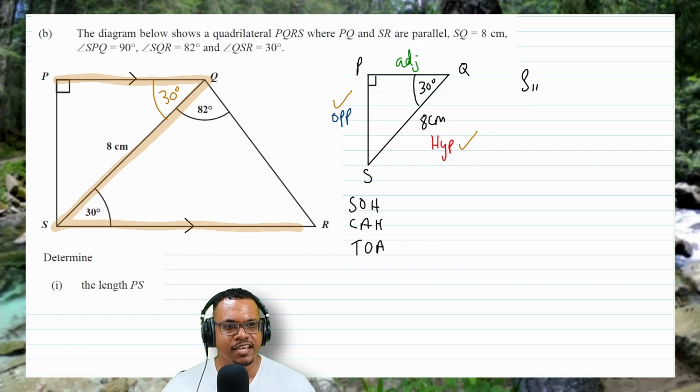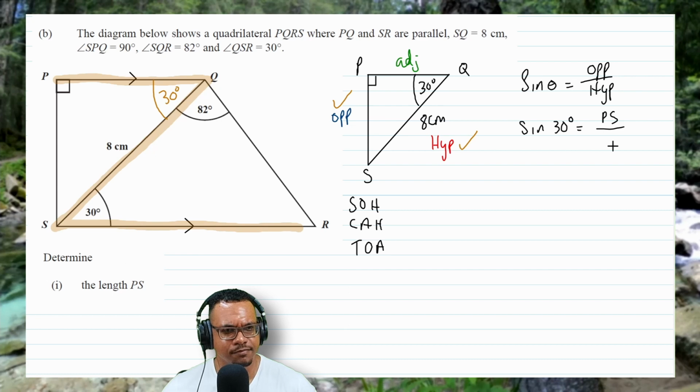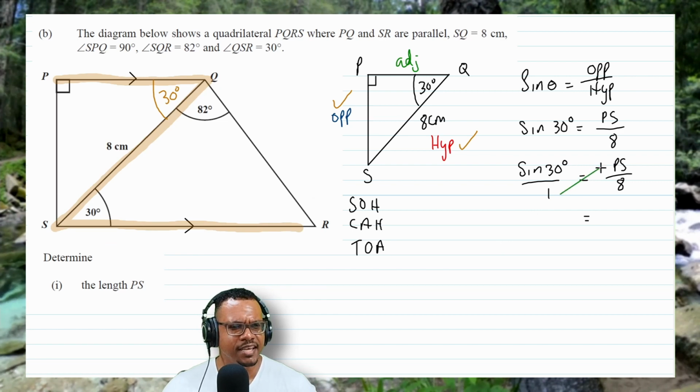All right, so I'm going to have sine my angle is equal to the opposite over the hypotenuse. So sine 30 degrees is equal to the opposite, which is PS, over the hypotenuse, which is 8. So let's set this up for cross multiplication. So I'll say 1 times PS will give you back PS.